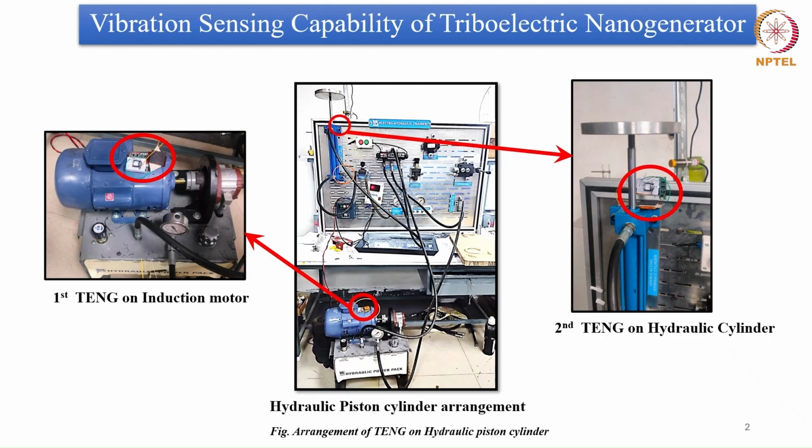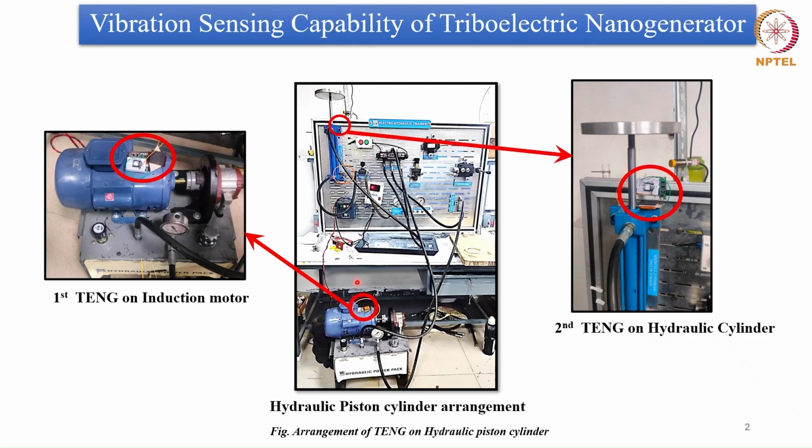So after mapping the vibration characteristics of any machine, like what kind of vibration is there, whether it is one dimensional, two dimensional, in-plane vibration or perpendicular vibration, we can implant different TNGs at different locations to analyze the entire machine. So this forms a machine skin.